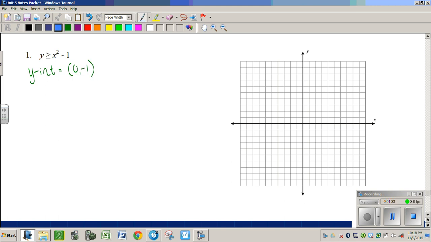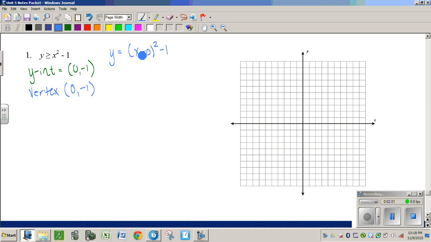And if I look at it as vertex form, then my vertex would happen to be, oh, look at that, 0, -1, because I could write this as y equals x minus 0 squared minus 1. So that's how I'm getting the vertex to be 0, -1. My y-intercept also happens to be my vertex.